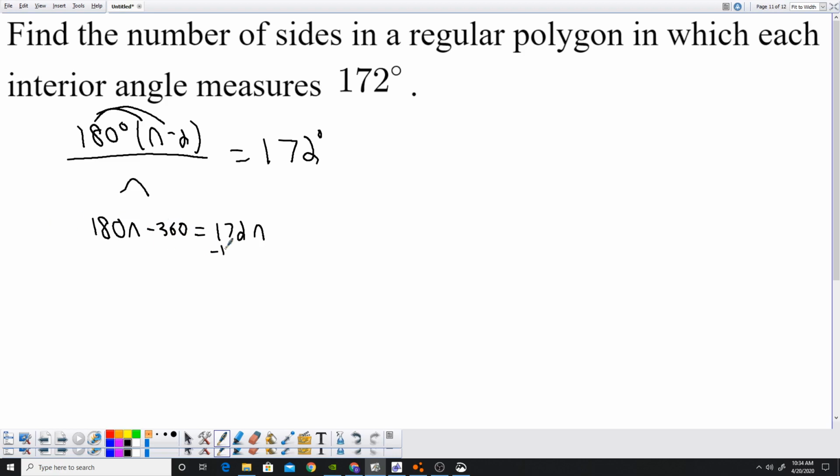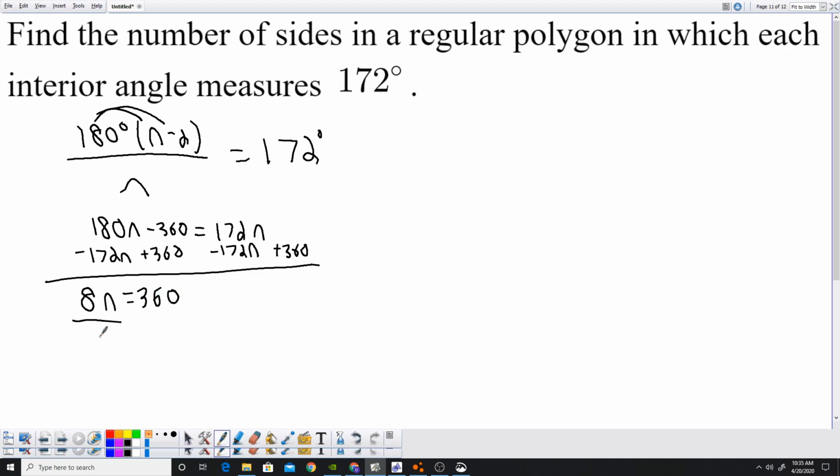If we subtract 172n on both sides and add 360 on both sides, we get 8n equals 360.